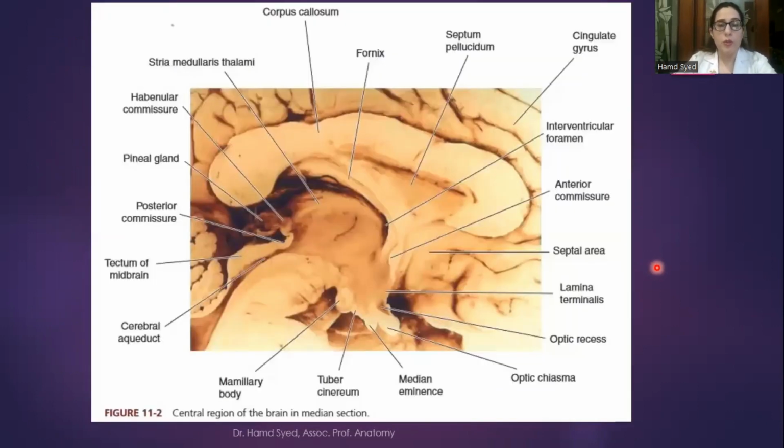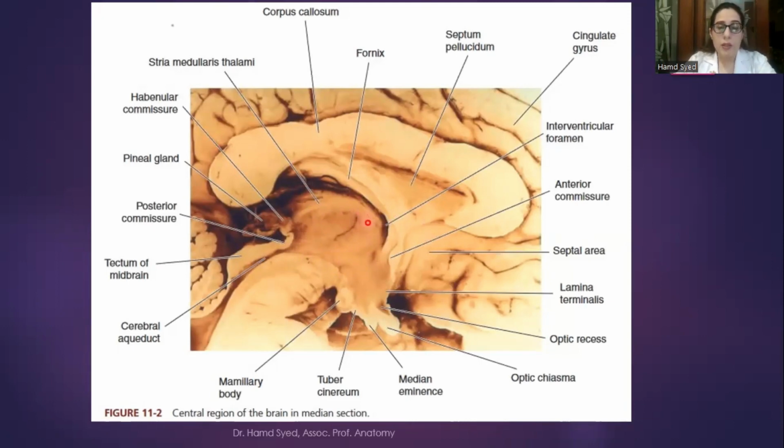So over here, you can see this is a sagittal section through the brain and the upper aspect of the brainstem. And here is the region of the diencephalon. To be more specific, this is the region of the thalamus.